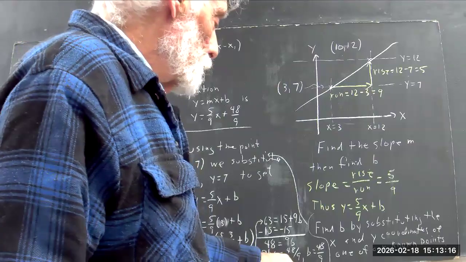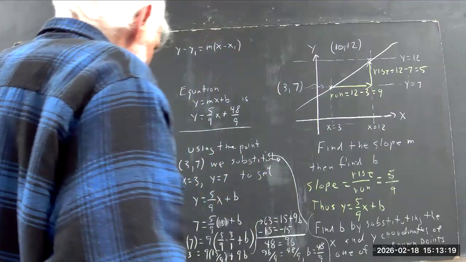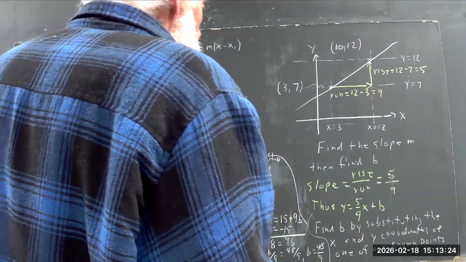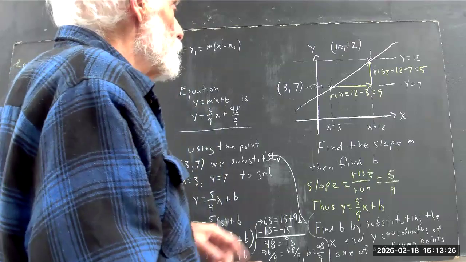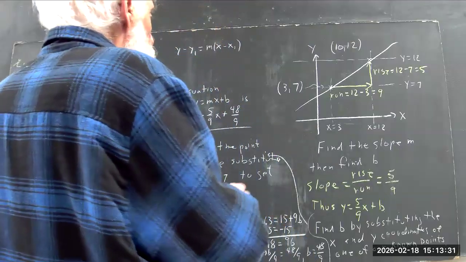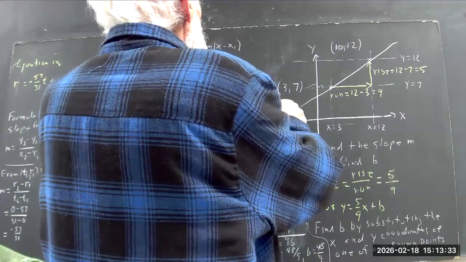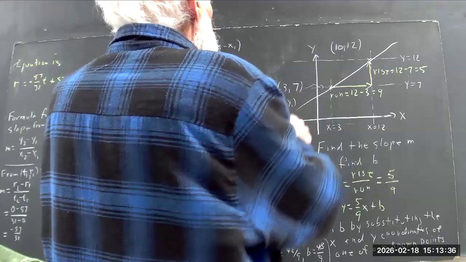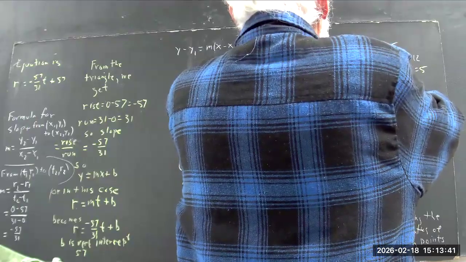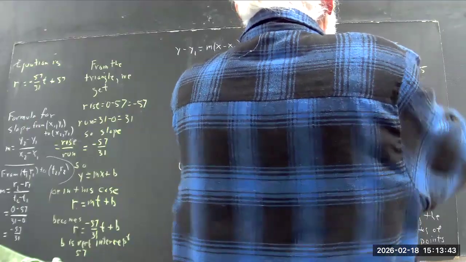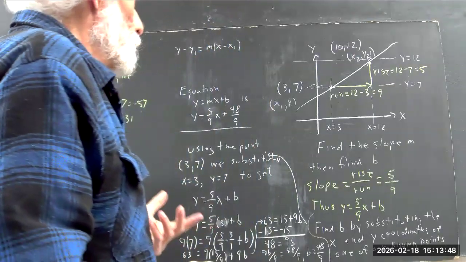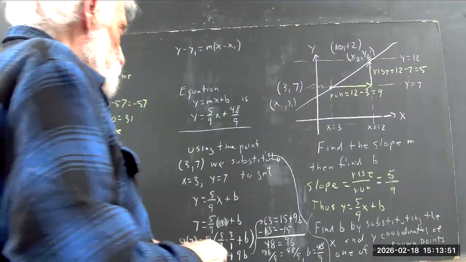Now we can always, of course, use the formula. Let the point 3,7 be the point x1, y1. So I'll just write that in here, x1, y1. And the point 10,12 would be the point x2, y2. And the slope is y2 minus y1 over x2 minus x1.